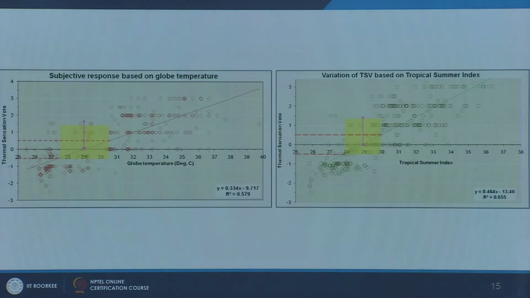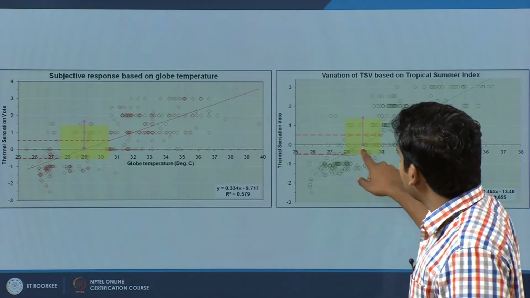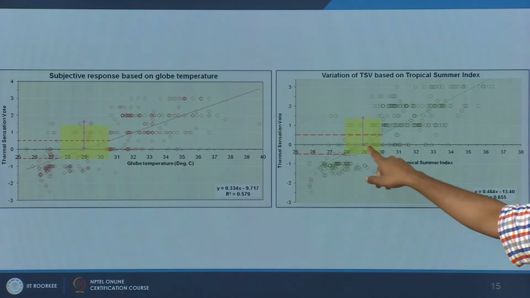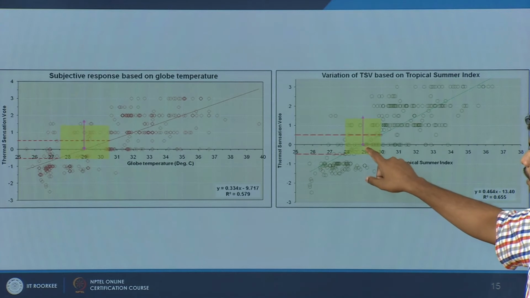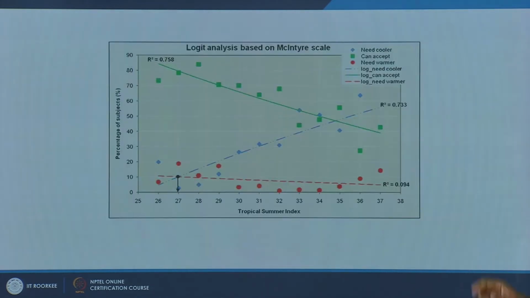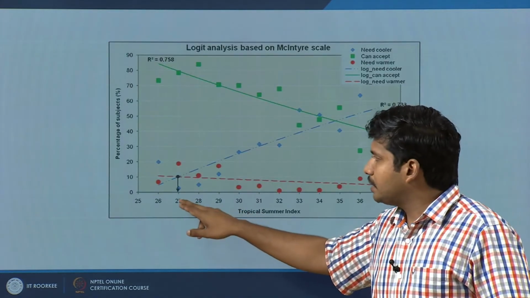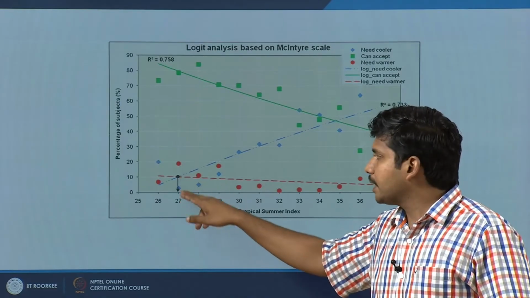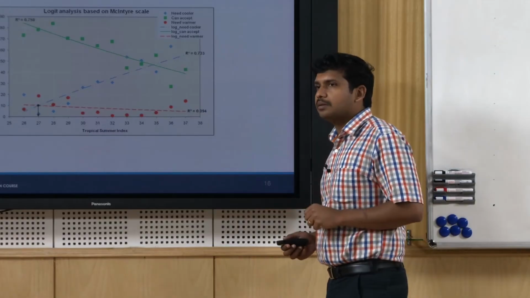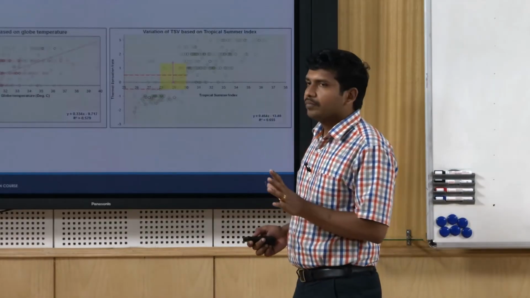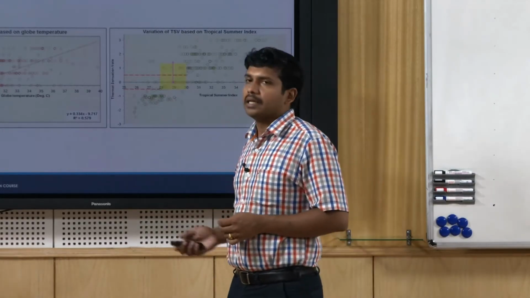Getting back to the previous slide, what actually they were saying, they were feeling thermoneutral at 29 degrees, whereas when you ask them whether you can accept it or what do you prefer, it comes to around 27 degree, which says that 27 degree is a thermal preference, but sensation wise they are okay with 29 degrees.